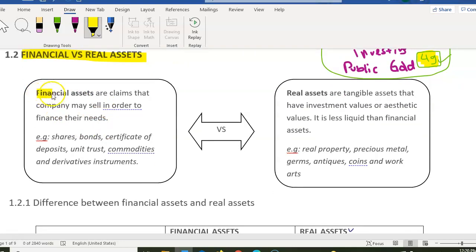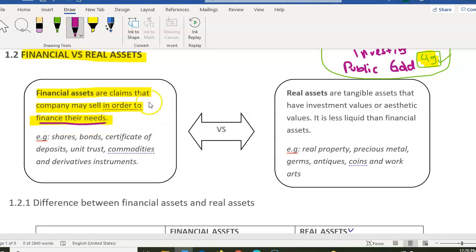Okay, so financial assets are claims that companies may sell in order to finance their needs. Companies may issue this kind of instruments or securities to finance whatever their requirements.